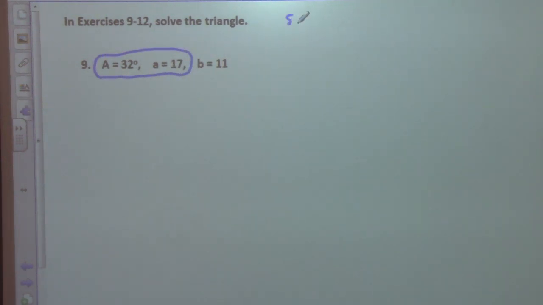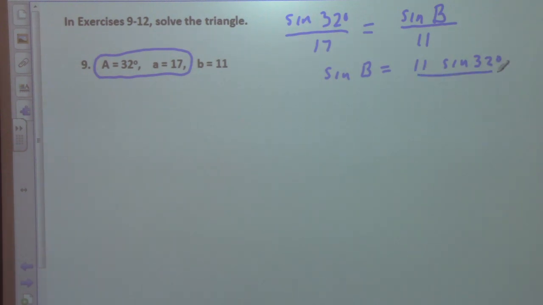So we know that the ratio of the sine of this angle to this side is equal to the ratio of the sine of the unknown b over 11. So solving for sine b equals 11 sine 32 degrees over 17. How do you solve for b?